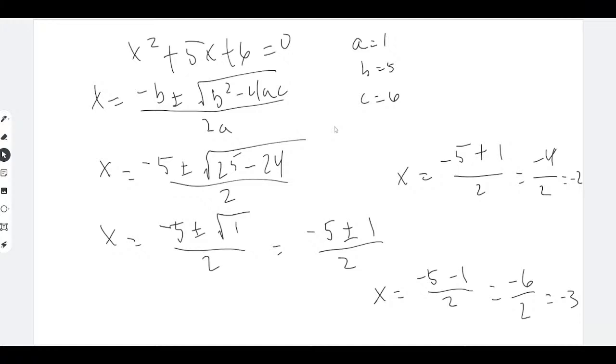Something else is, for a question like this, where it's asking for the sum of the solutions, if you think about it, if you add up the plus or minus, the things that you're plusing or minusing cancel each other out, right?